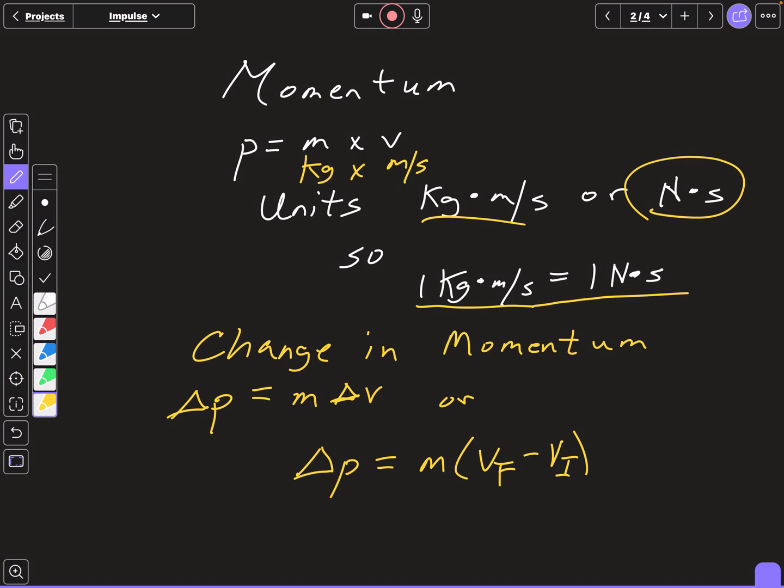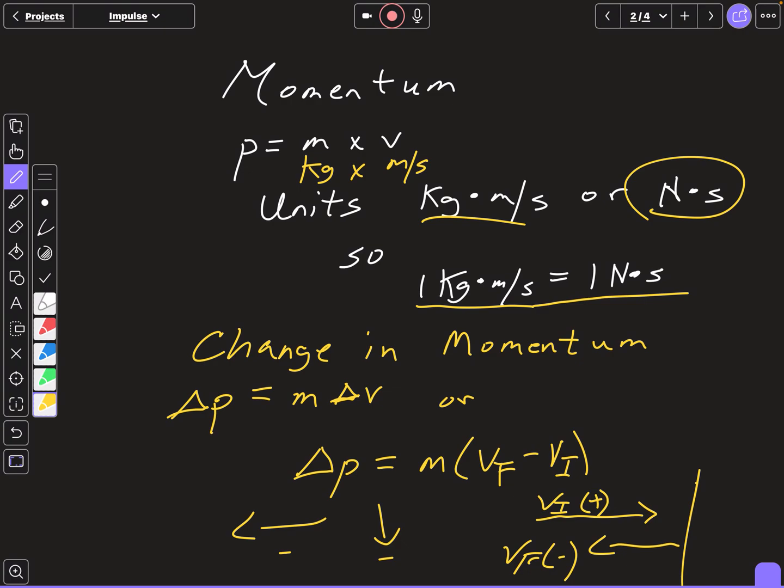Now, keep in mind if something is moving to the left, we take that to be negative. If something's moving down, we take the velocity to be negative. And if something rebounds from something, say there's a wall, then your initial velocity in this case would be positive, and if it bounces back, your final velocity would be negative.